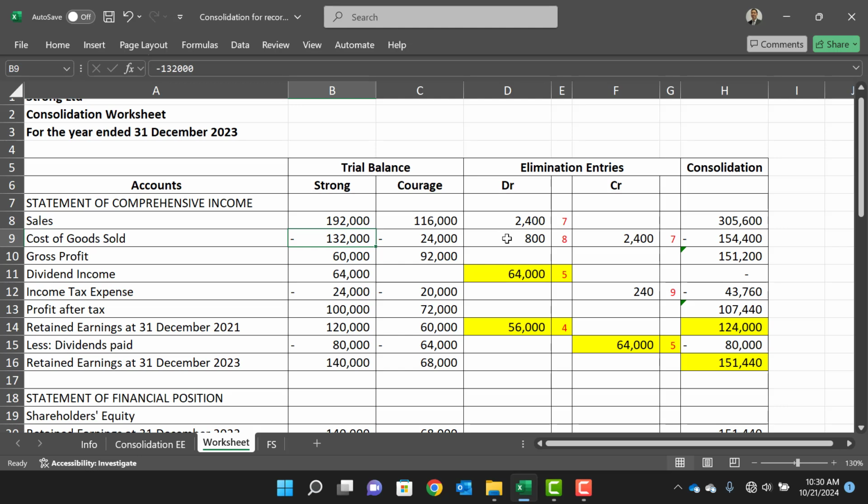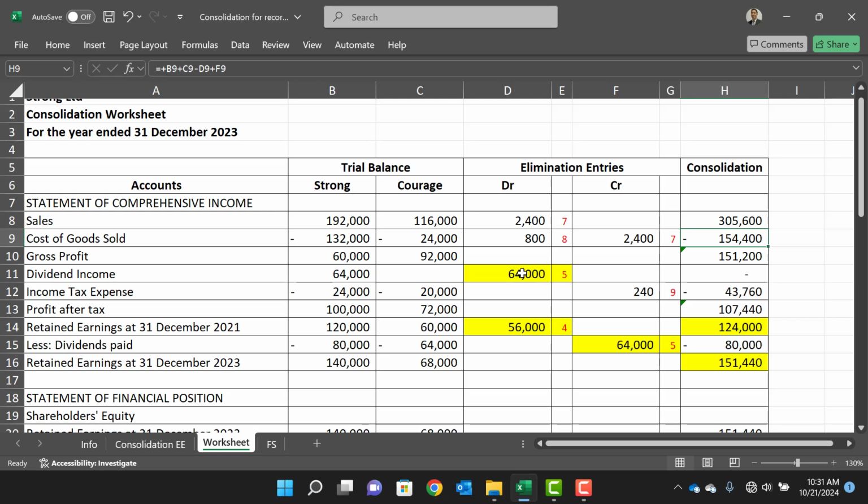Then you have to add 800, so 156,800, and deduct this 2,400, and you will arrive at 154,400 kina. So only these technicalities you need to be mindful of. This is one of the important things to be mindful of in preparing consolidation.